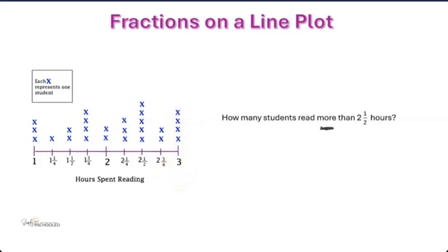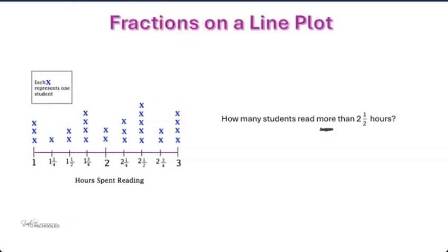So the answer to that is very easy. That would be 6, because it asks for the total number of students who read more than 2 1/2 hours. So sometimes when you're dealing with fractions on a line plot, the answer doesn't even involve working with the fractions. You're just determining the amount of occurrences on the line plot.